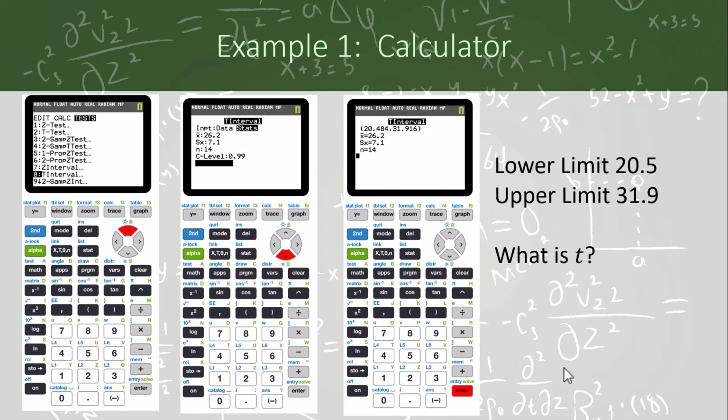Now, how can you compute this using our calculator? I'm going to go ahead and show that here. The first thing I want to do is figure out what t happens to be.